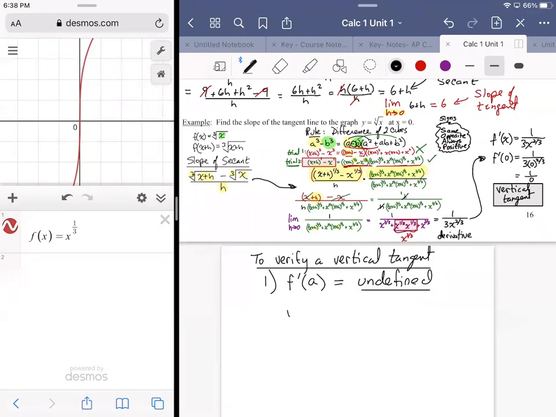All right, f of a, so the original function must exist at that point, meaning it's not a discontinuity. So that's showing that there are points coming in and going out of that location.